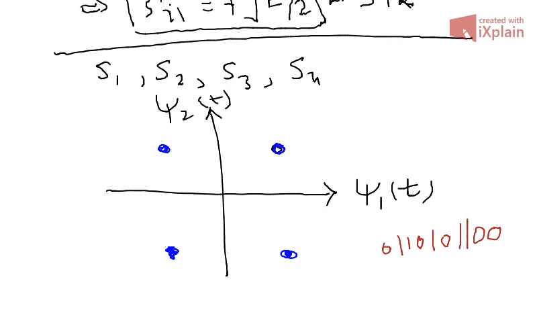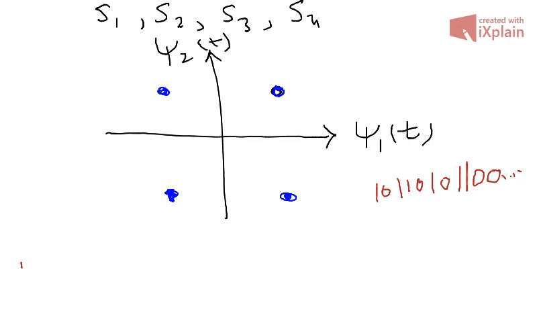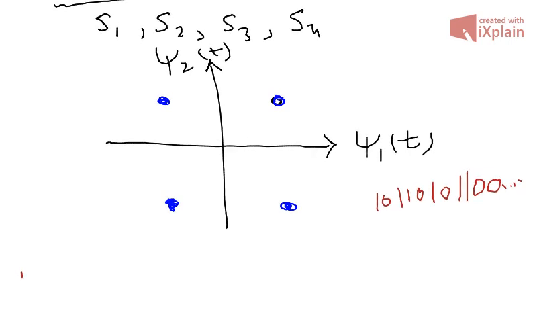What is the purpose of the communication system? The communication system has to transmit this data successfully from a transmitter to a distant receiver.